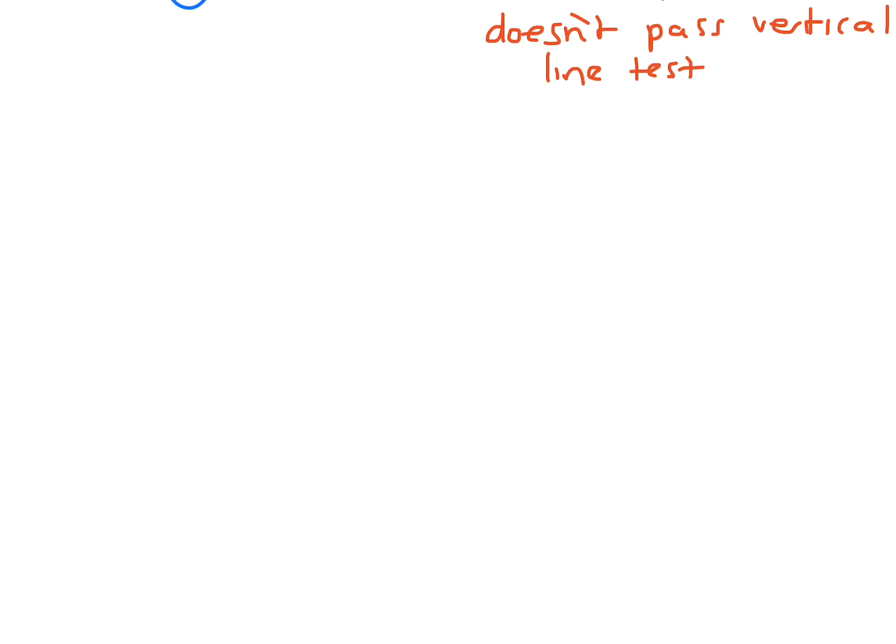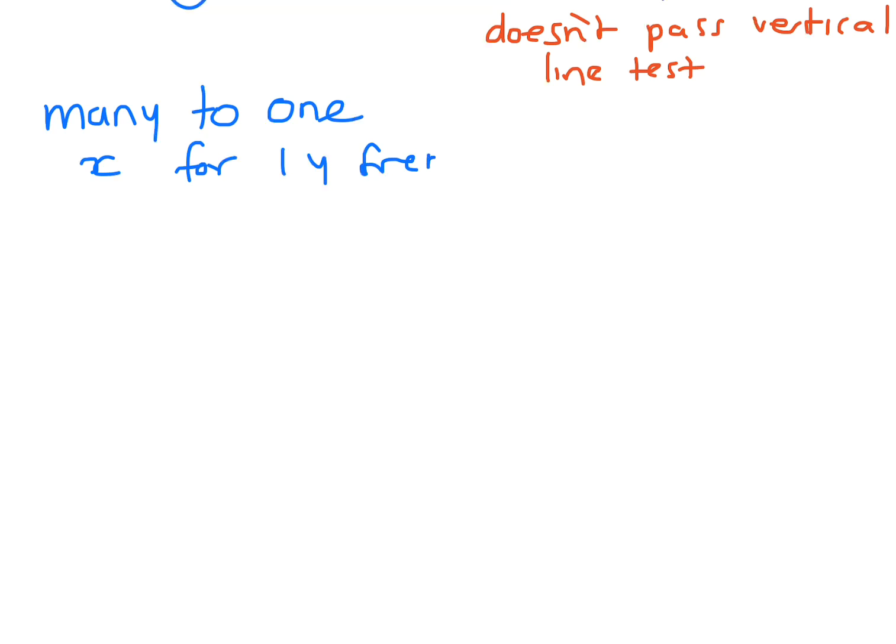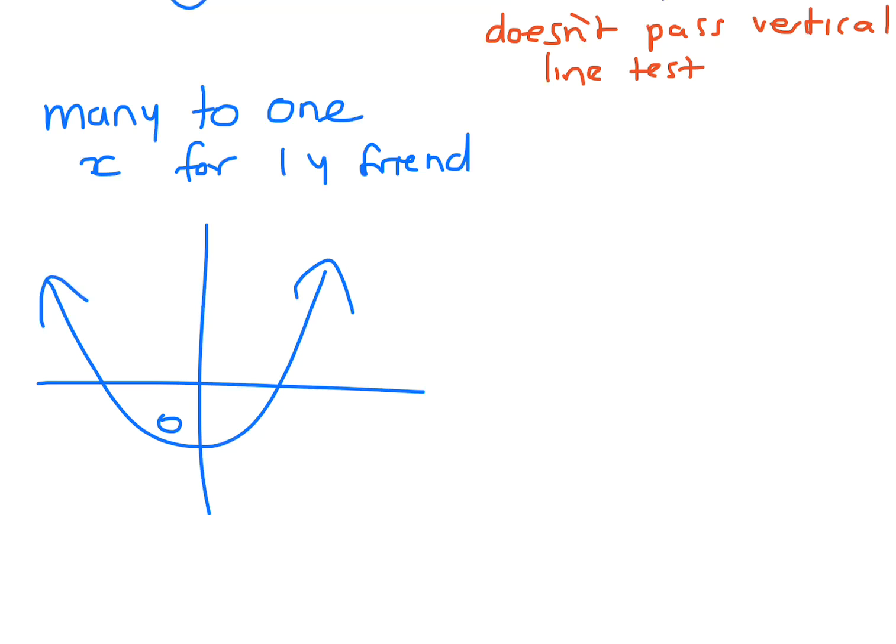Now, I'm just going to look at the other way around, and I think this one is often a little bit more confusing. If you did many to 1, that means many X's for one Y friend. So if you were drawing the picture for this, that would be the curves going the other way like that. When you get this one, I'd like you to read it backwards.